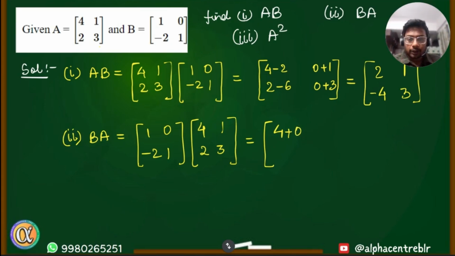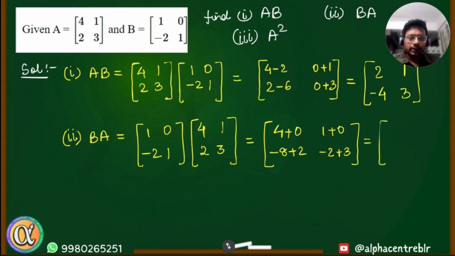Then first row with second column, so it's 1 into 1, 1 plus 0. Second row with first column, minus 8 plus 2. Second row with the second column, minus 2 plus 3. Okay, so the final answer is 4, 1, minus 6, and 1.